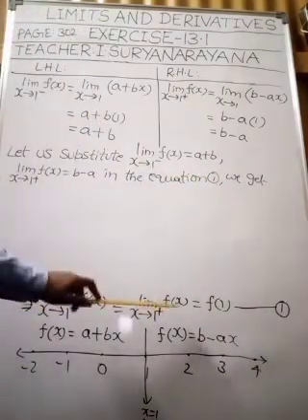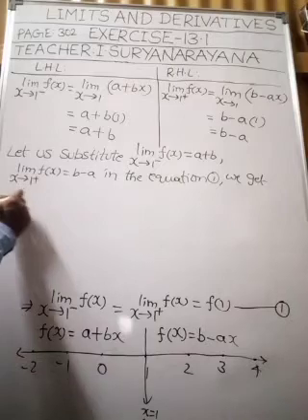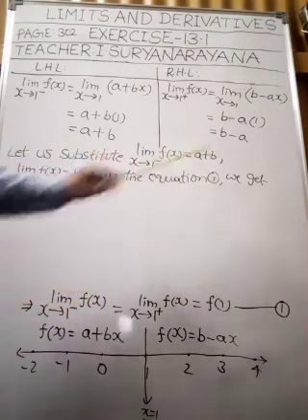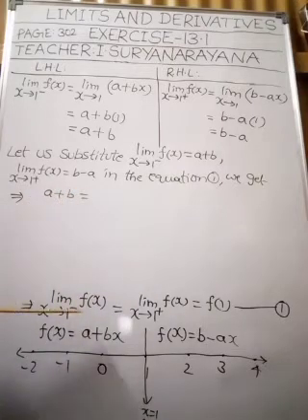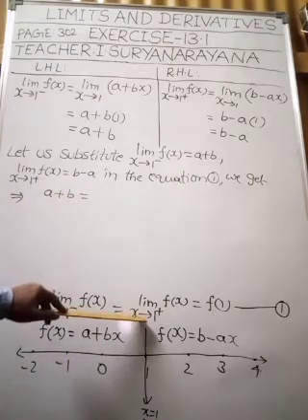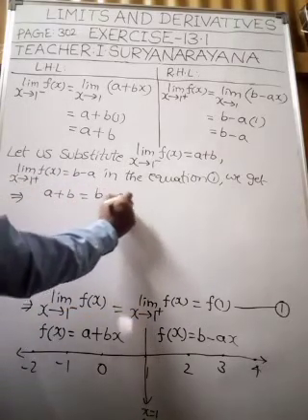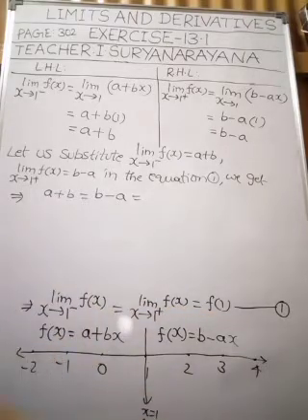In this equation we are substituting these two values. Then what will you get here? What is the value of this limit? a plus b. a plus b is equal to, this limit is b minus a, b minus a is equal to f of 1. f of 1 is equal to 4.